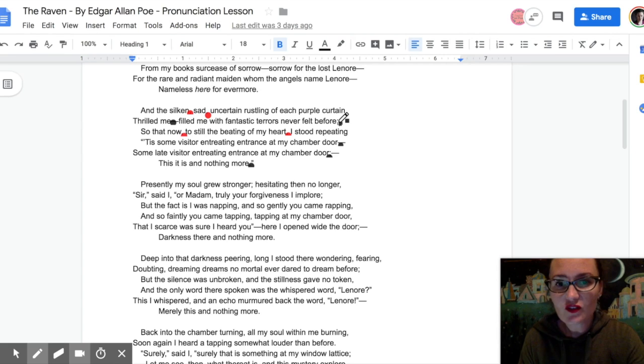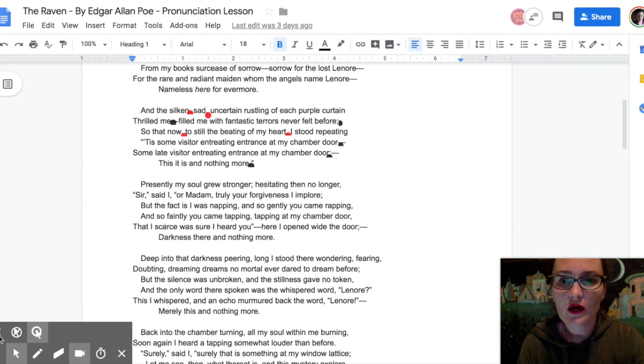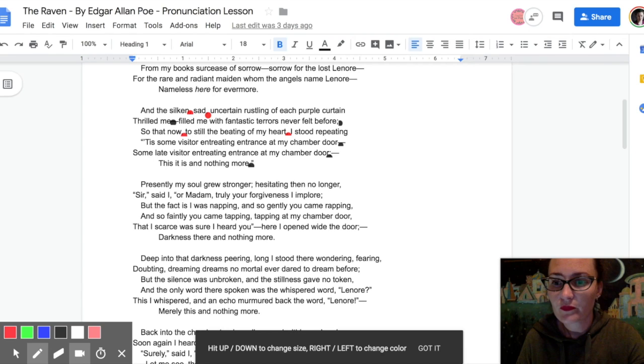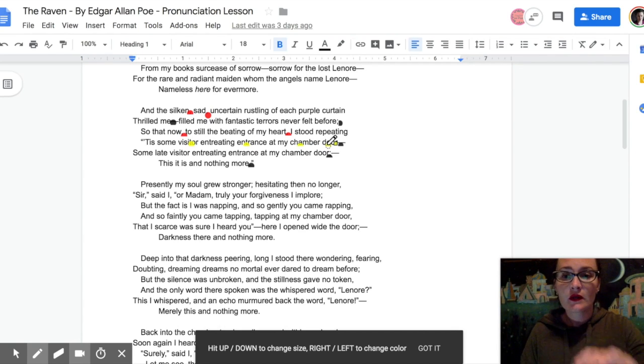All right, so let's do this first stanza here. Again, remember this poem is great because it has a lot of repetition. "'Tis some visitor entreating entrance at my chamber door." Here we did some emphasis on "'tis some visitor entreating entrance at my chamber door."